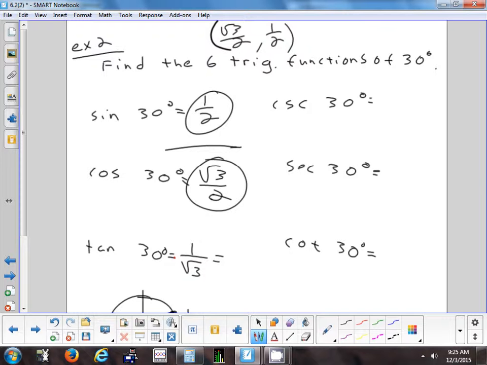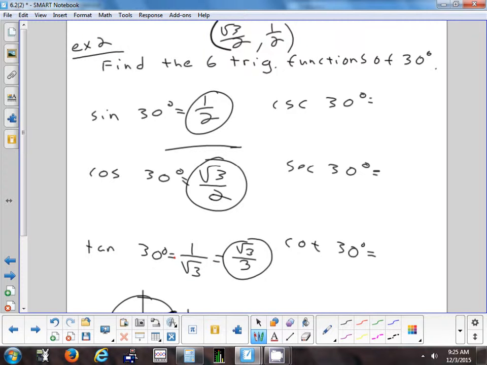Okay, only problem, we got to fix that square root. Okay, so how do I fix the square root there? Times by square root 3 over square root 3. And what will that give me? Square root of 3 over 3. Okay, remember, square root 3 times square root 3, you can think of that as square root 9, or 3.